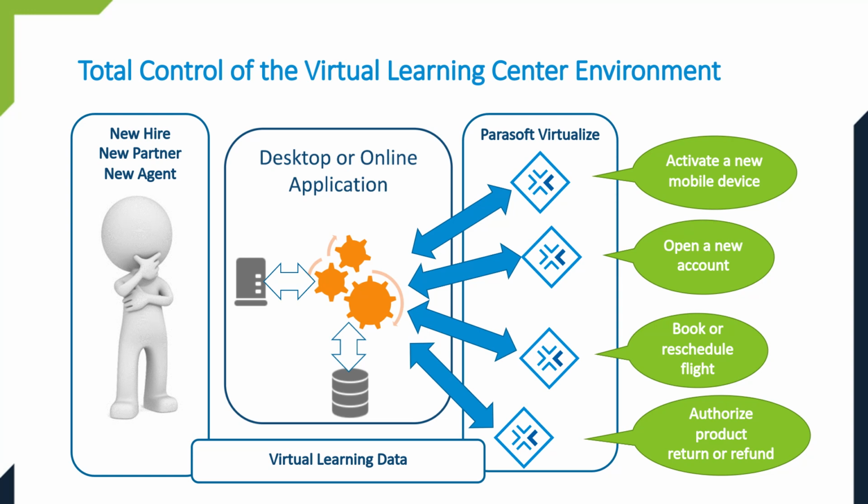You virtualize those services, and now you can have the exact data they need to, let's say, activate a new mobile device. Or if you're a bank, open a new account. If you're an airline, book, reschedule a flight, change something, buy options. If you're a retailer, how do you authorize a return, a refund? How do you run through the different scenarios and different policies for each partner you have in your marketplace?